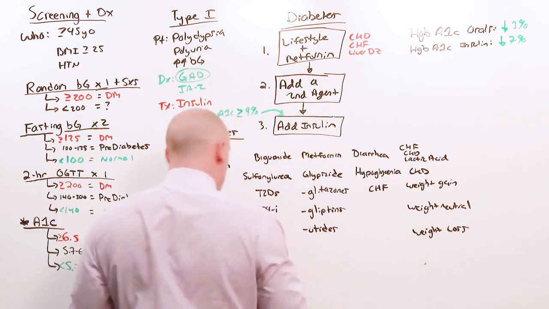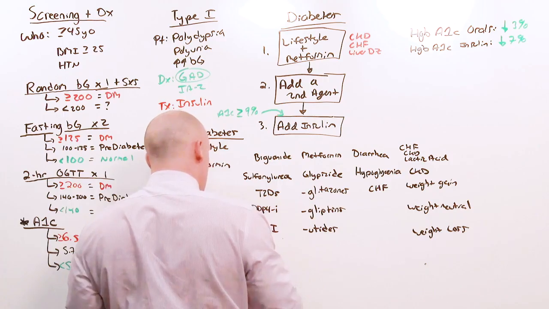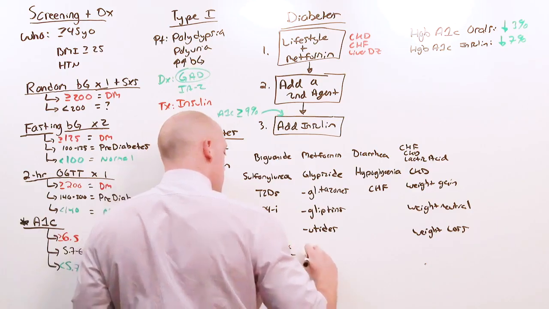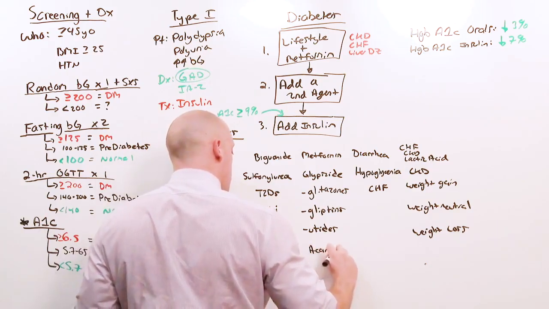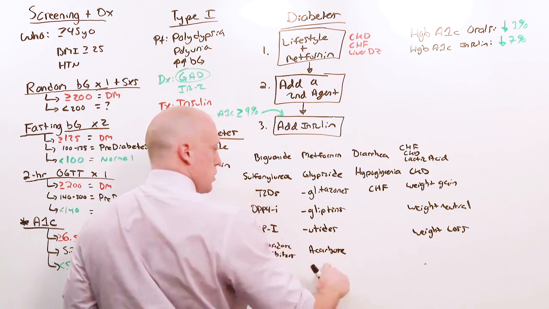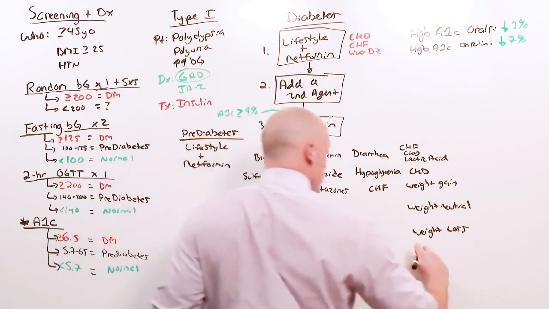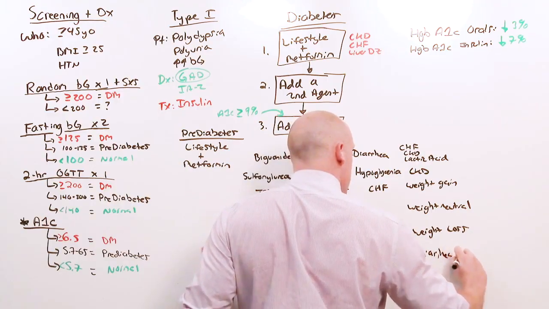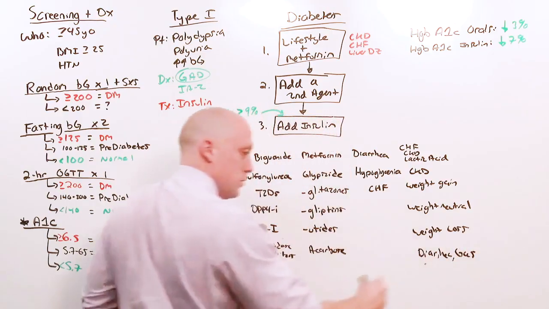And there's some others that you probably aren't going to use, like the alpha glucosidase inhibitors. This is acarbose. It blocks intestinal absorption of the sugar, and if you do that, you're going to get terrible diarrhea and foul-smelling flatulence. So most people aren't going to want to use those.